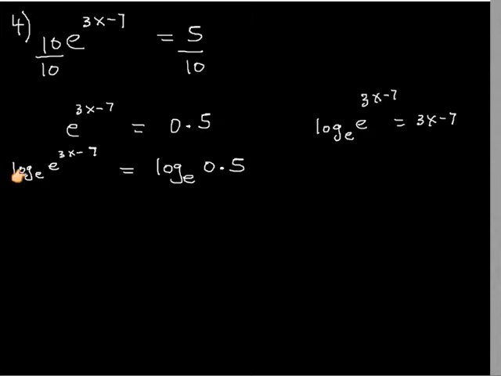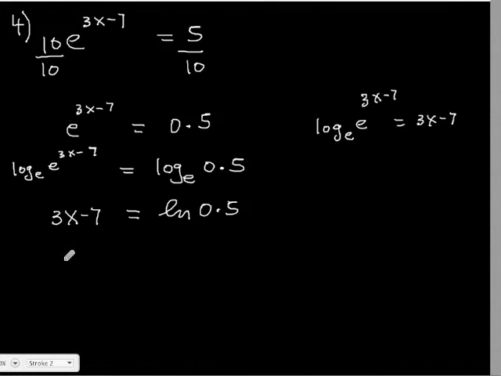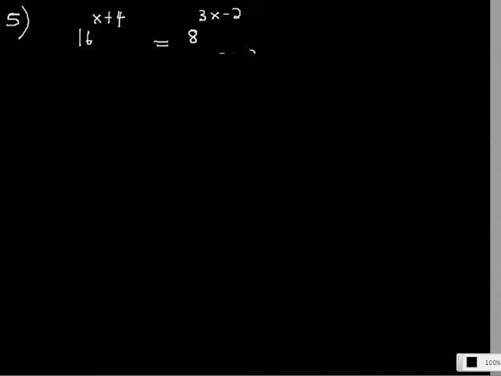So I now have log base e of e to the power 3x minus 7 is equal to log base e 0.5. As I've explained to you before, the left-hand side simplifies to 3x minus 7, and the calculator can handle the right-hand side. And x turns out to be 2.10.